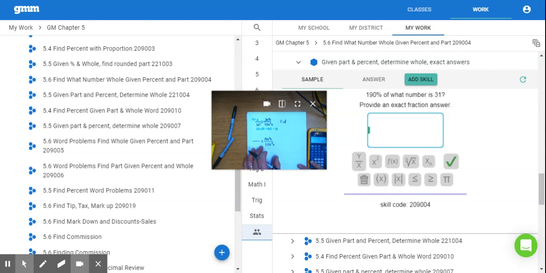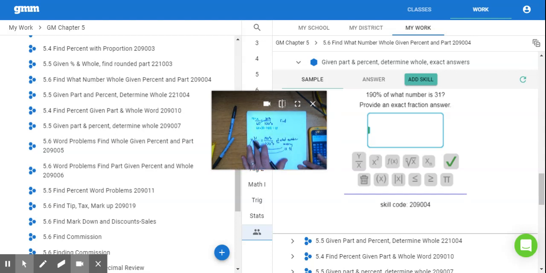So notice the word of is right there, and it's followed by the words what number. When I have the words what number, that's your missing piece. So this says of what number, so this is missing. Notice I put the X there for it. Is 31. So 31 is the is.